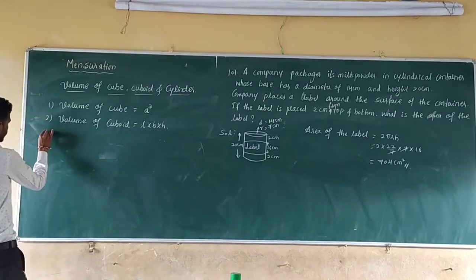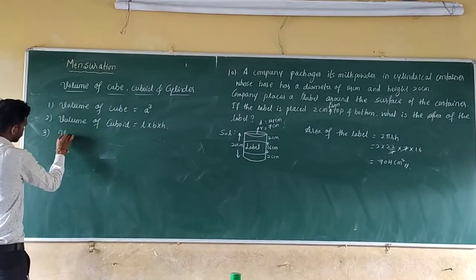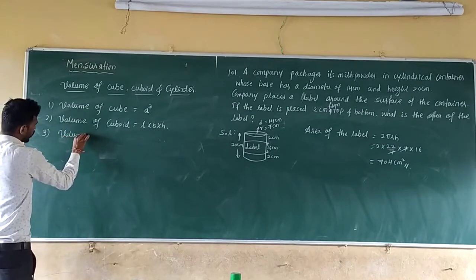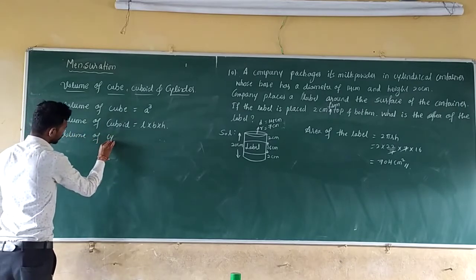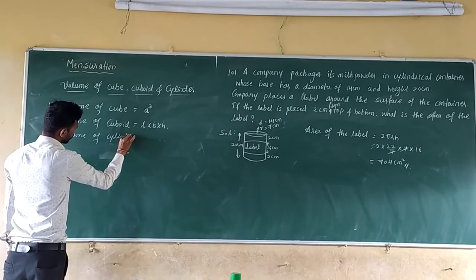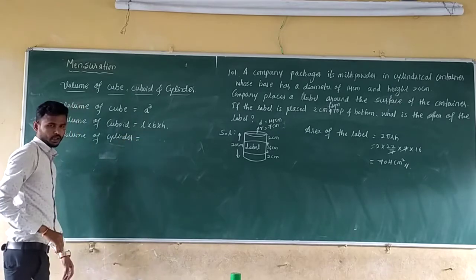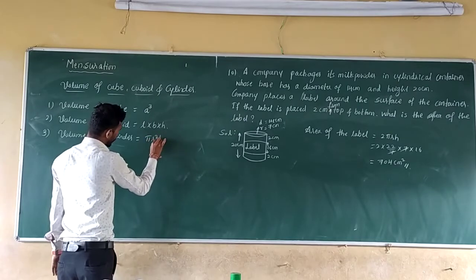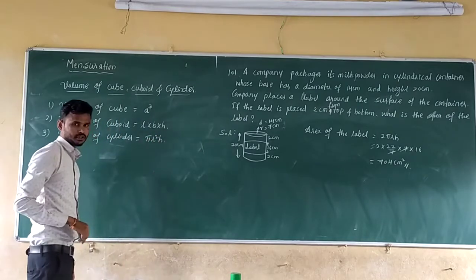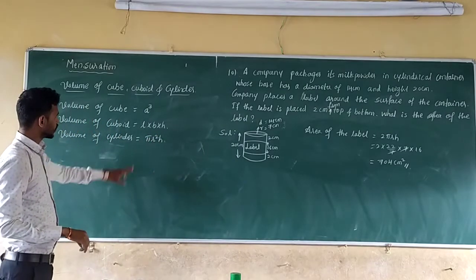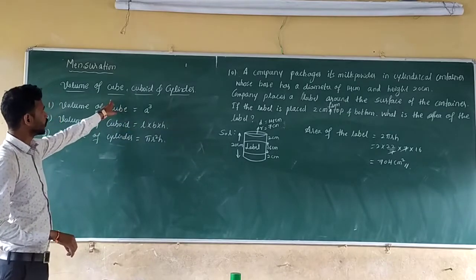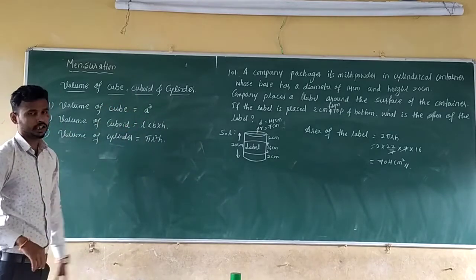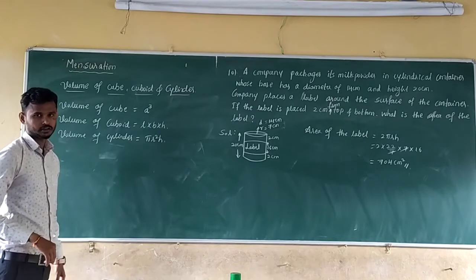And third, volume of cylinder, the formula is pi r square h. So these are the formulae to find the volume of cube, cuboid and cylinder.